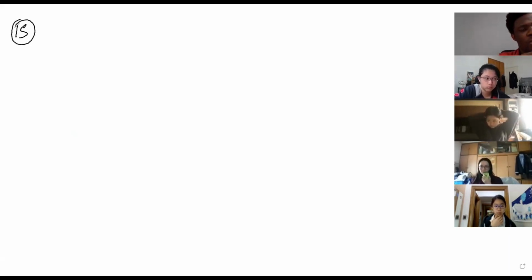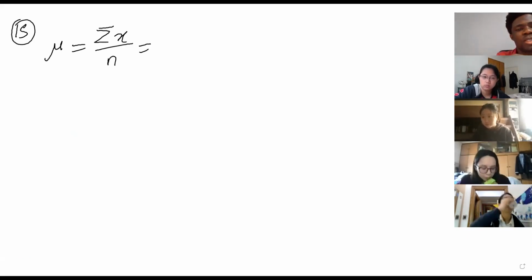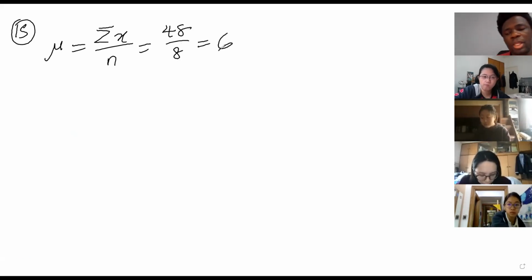Our mean is simply the summation x divided by n. Just write summation x, that is fine. According to the question, the sum of these items is 48, so divided by 8, that gives the mean of 6. That's the first part of the question.